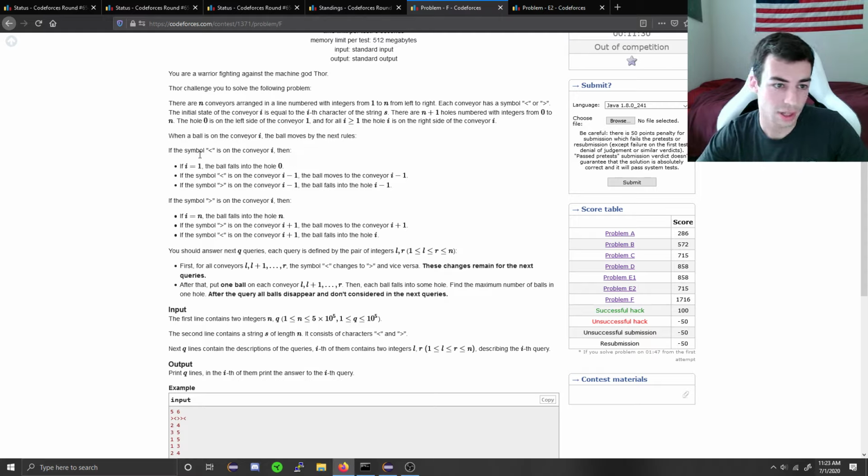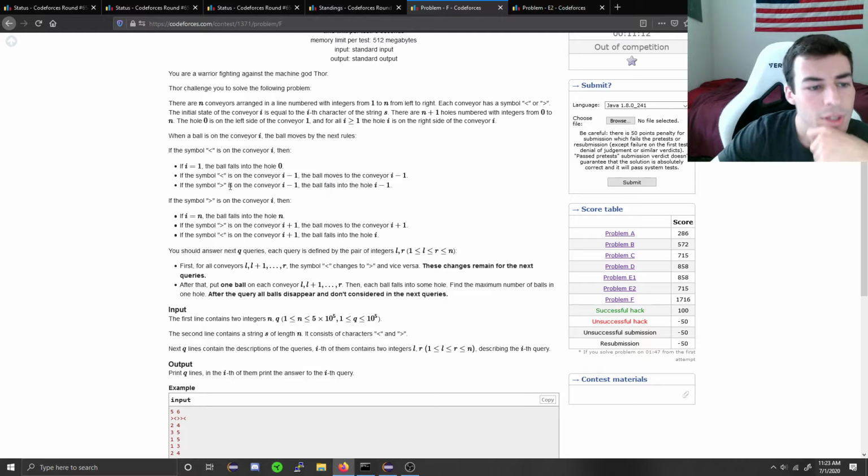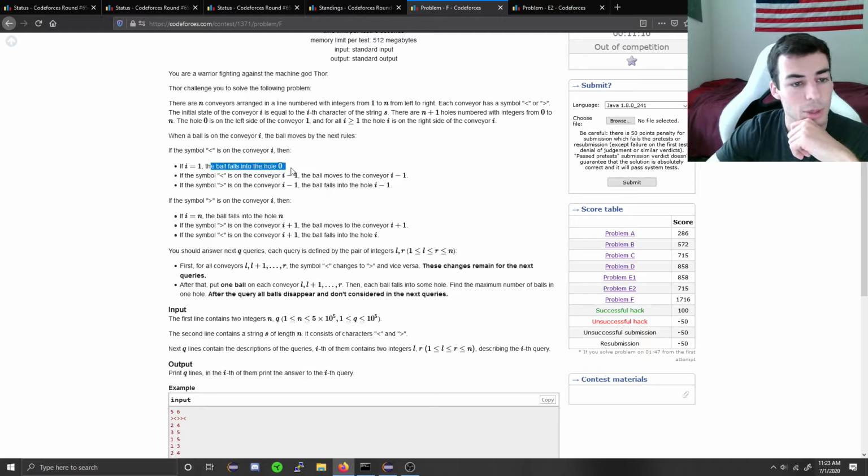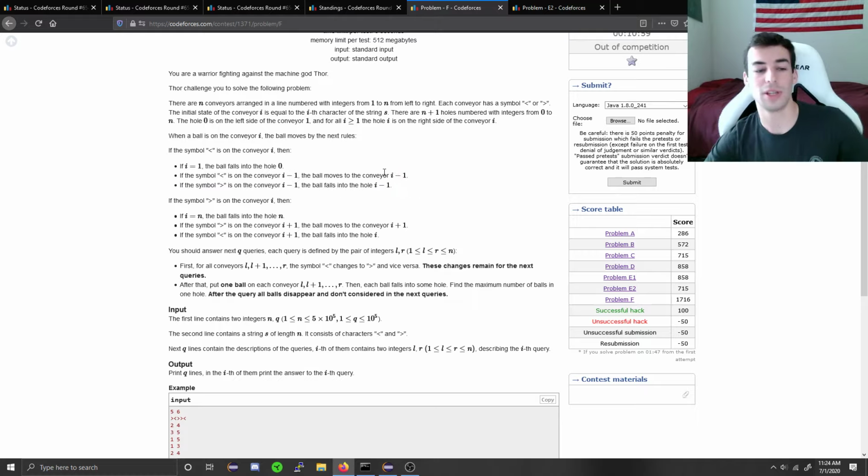If it's left, then it either falls in hole 0 if i equals 1, otherwise it moves to the left conveyor. If the symbol on the conveyor to the left is also left, it continues. Oh, so if they're going the same way, it continues going until it hits one going the other way, then it falls in the hole.